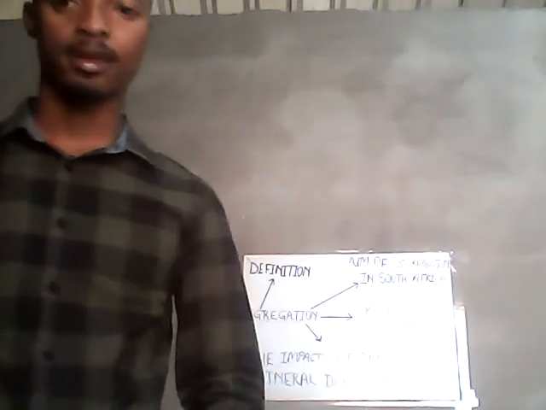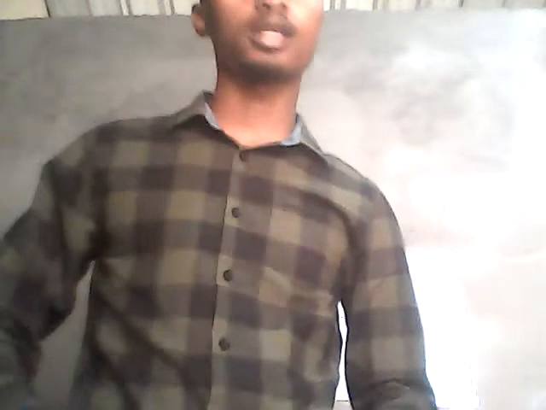So they started passing laws of segregation. Depending on which race you are, there are laws that would either liberate you or oppress you. As blacks, you are oppressed. As other races, you are liberated.